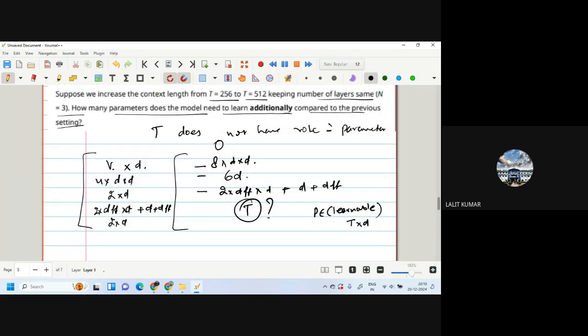But if we see all the parameters which are there in encoder and decoder, do we see T anywhere? No. So T does not play any role in the learnable parameters, except, as I have told you, in case they gave PE which is learnable, only in that case your T will play a role.